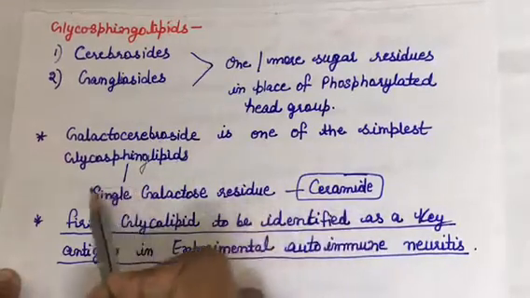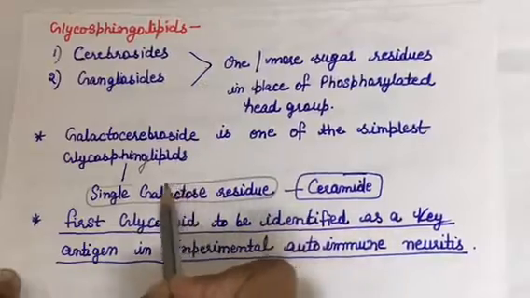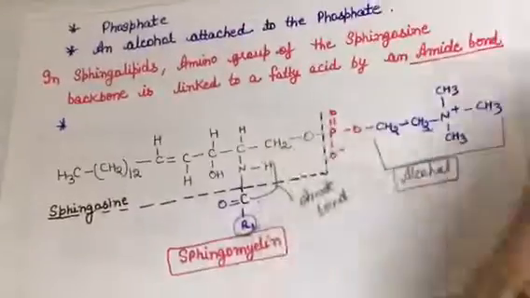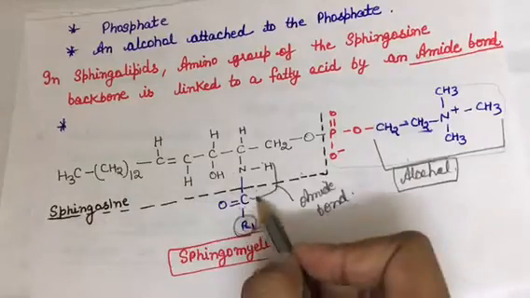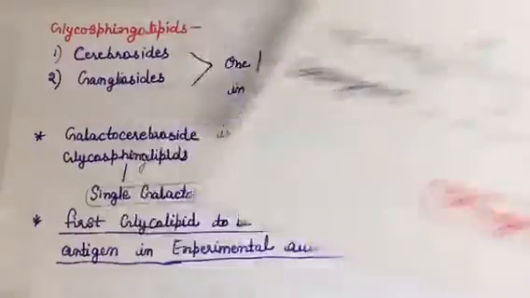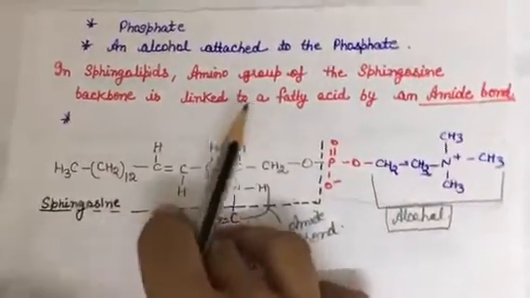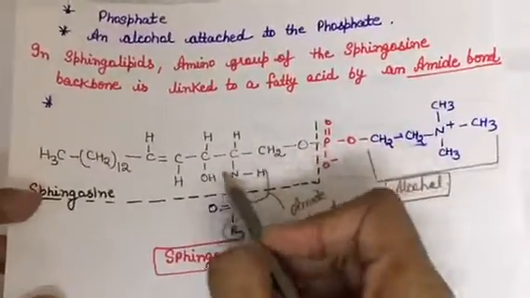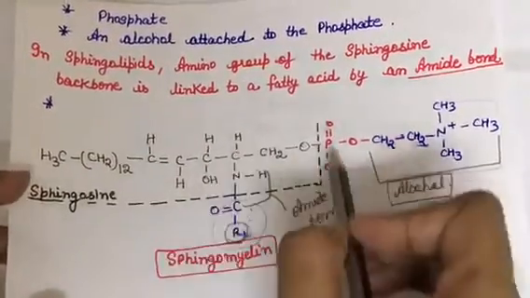It has only a single galactose residue attached to the ceramide, and if you remember, ceramide is sphingosine plus this fatty acid. This is ceramide, okay? So in the case of galactocerebroside, galactose is attached to the ceramide.